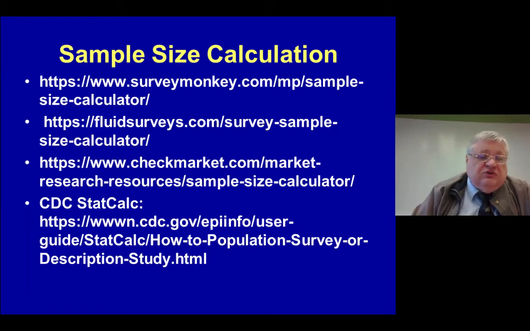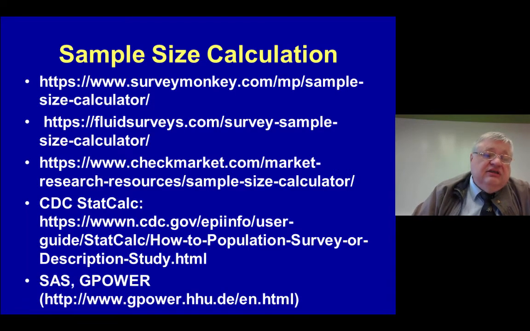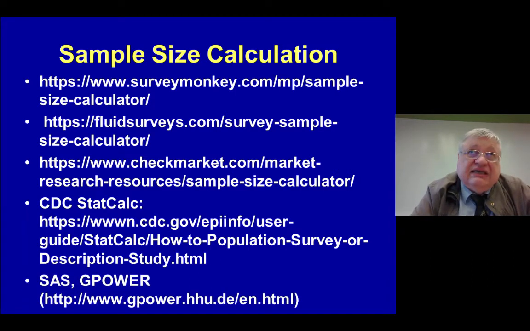For those of you with a more statistical leaning, there are stats programs like SAS that will do it for you, as well as a piece of freeware that I like using. It's very powerful. It's called G-Power, and it can do very complicated sample size calculations.